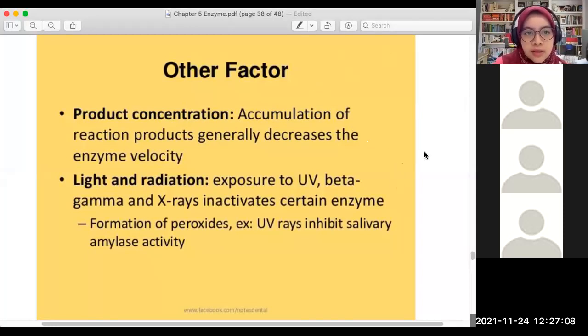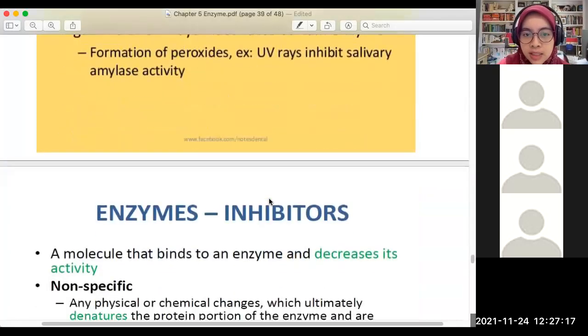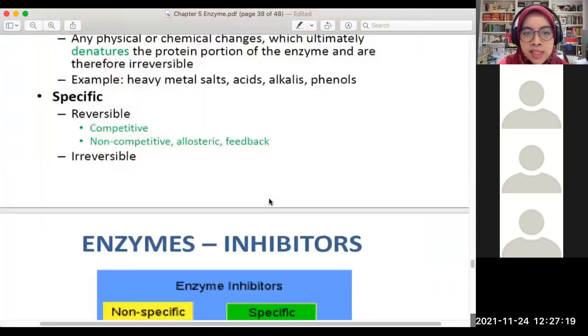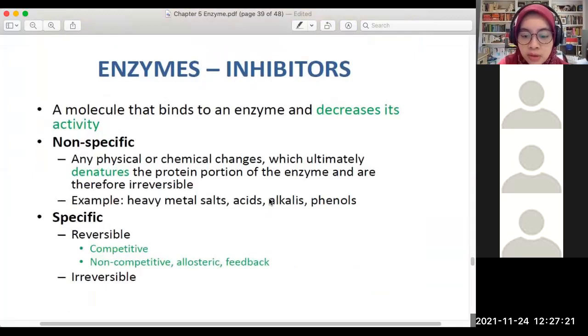All right. So we will look at how product concentration can reduce the rate of reaction later, right? So if enzymes have activators, enzymes also have inhibitors, okay? Inhibitors are molecules that bind to the enzyme and decrease its activity.